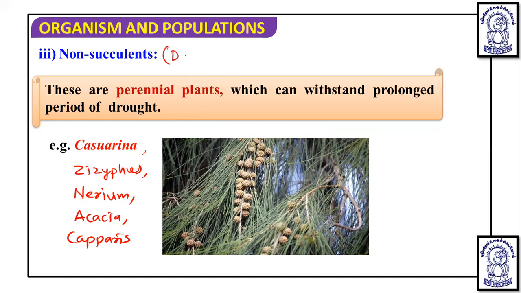They are also known as drought endurers. So this is the classification on the basis of life cycle and water storage, in which we have discussed three types of xerophytes: ephemerals, succulents, and non-succulents.